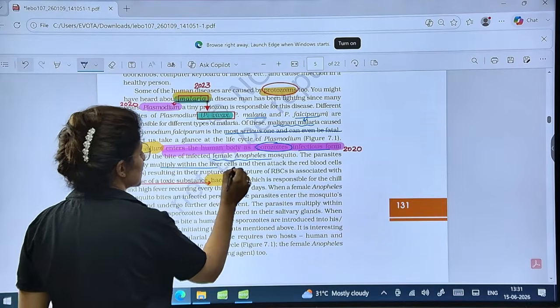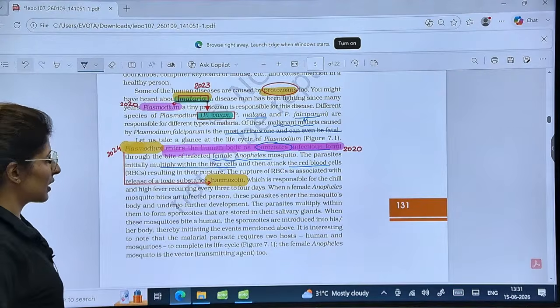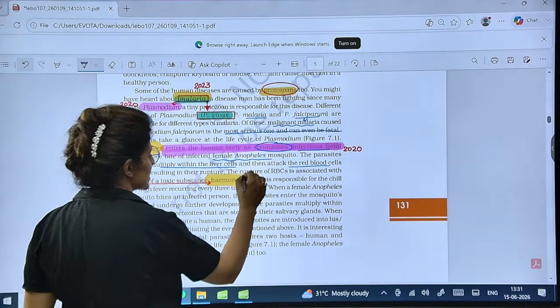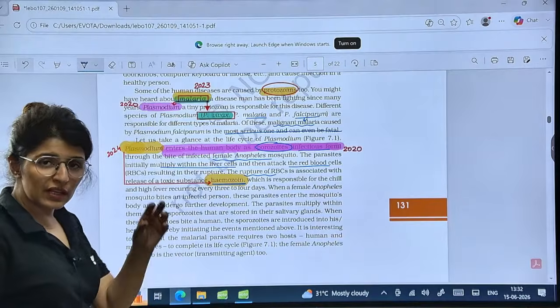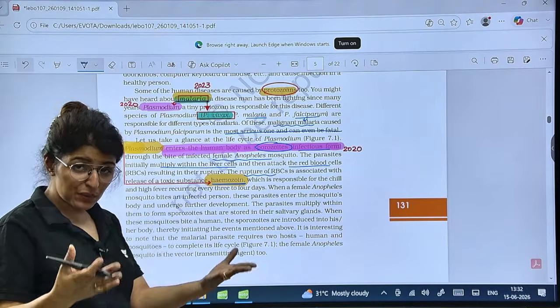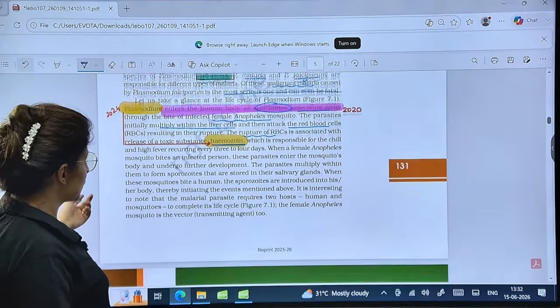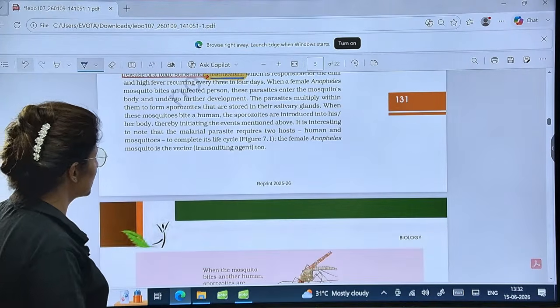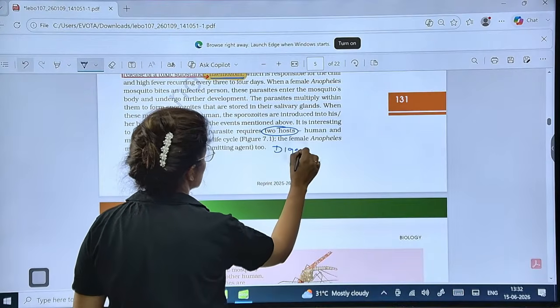It multiplies within the liver cells and then attacks the RBCs, resulting in their rupture. Now, rupture of RBC occurs due to hemozoin. Is that clear? So, when hemozoin is released, it causes rupture and that's when the malarial attack sets in. Is that clear to everyone? Now this parasite requires 2 hosts, hence it is digenetic.